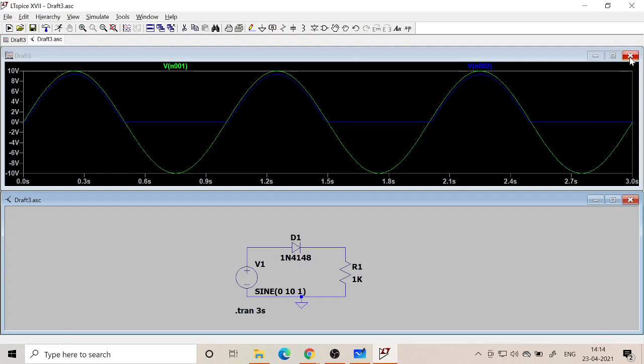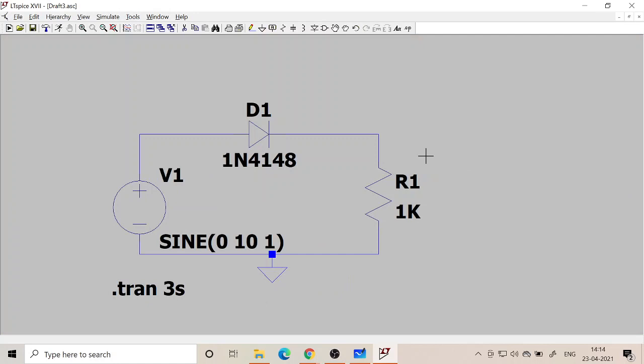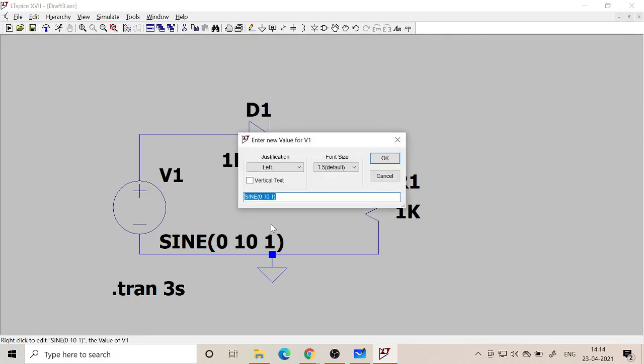So 10 is somewhere okay to neglect, but let's see what will happen if I change this voltage to, say, 1 volt.